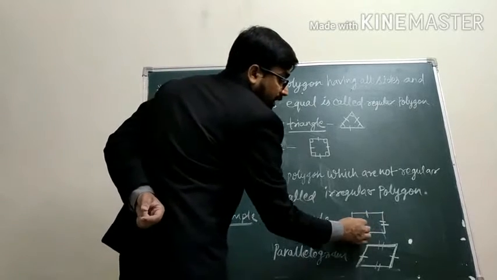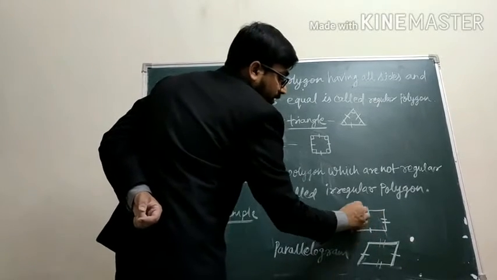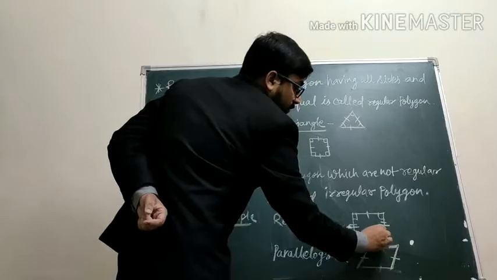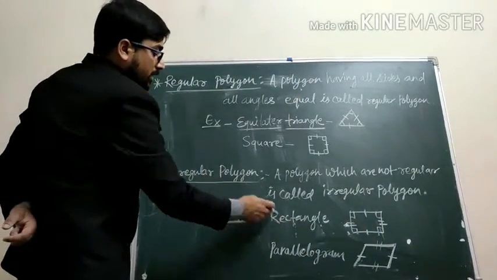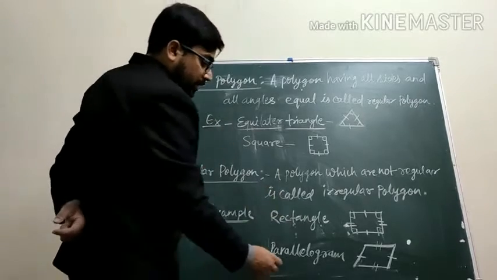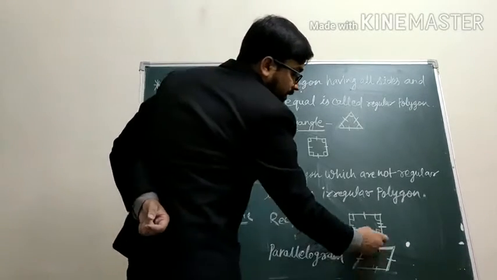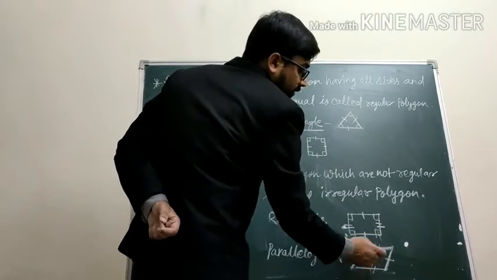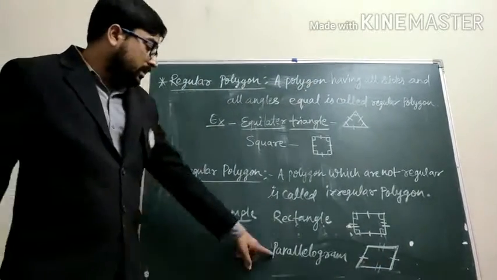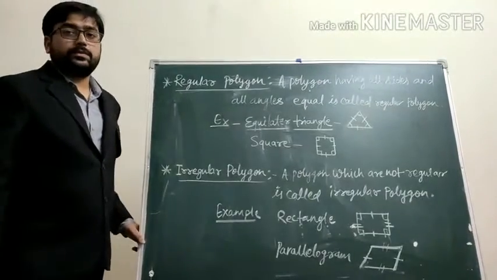Opposite sides are equal in rectangle. So this is in category of irregular polygon. Parallelogram. Opposite sides are equal. Opposite angles are equal. So this is in category of irregular polygon.